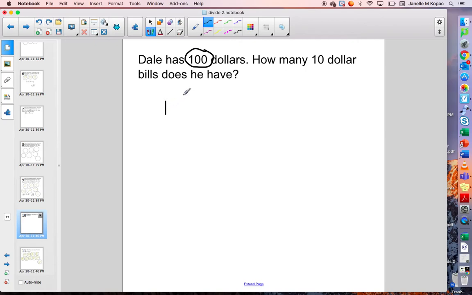So I need to think 100 divided by 10 equals what? You might remember 10 times something makes 100. Or you could think about counting by tens. 10, 20, 30, 40, 50, 60, 70, 80, 90, 100.